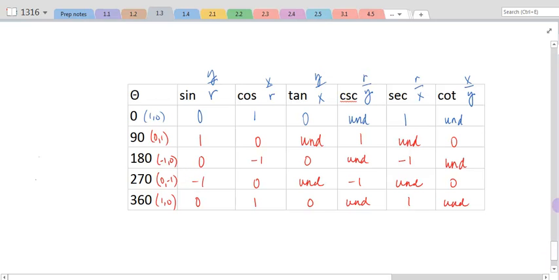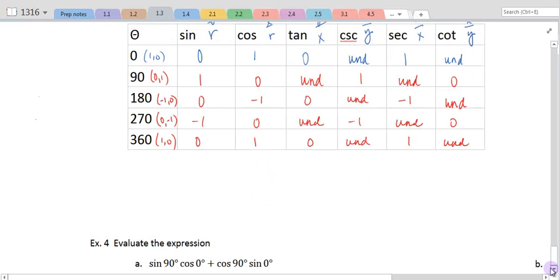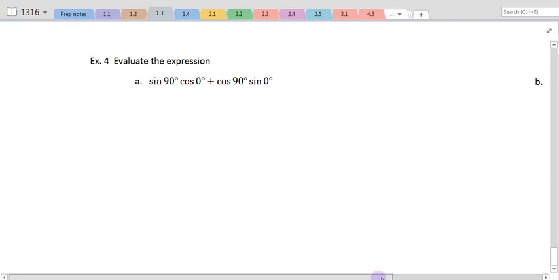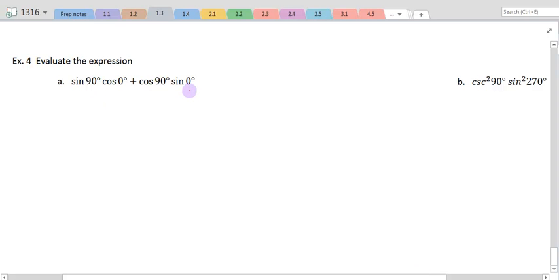Okay, let's look at one last example where we're going to apply this information that we had in the chart by evaluating an expression given certain degree values. So if I'm asking you to evaluate the sine of 90 times the cosine of 0 and add that to the cosine of 90 times the sine of 0, you've got to be able to recall the chart that we have up there.